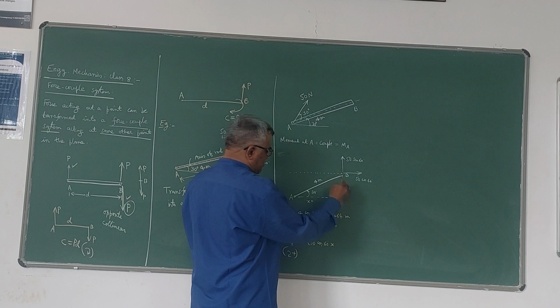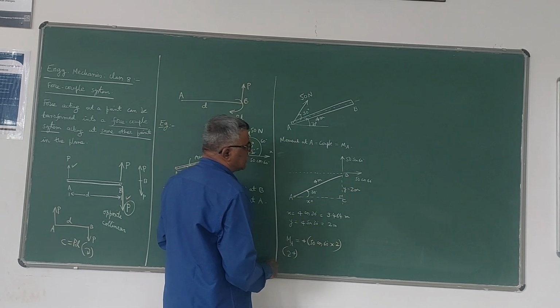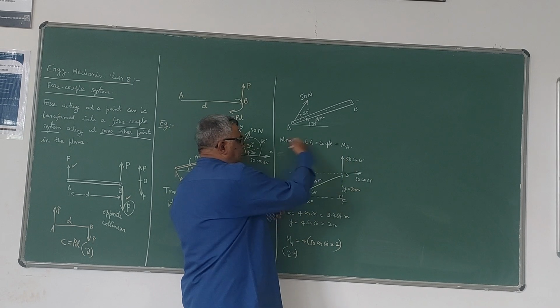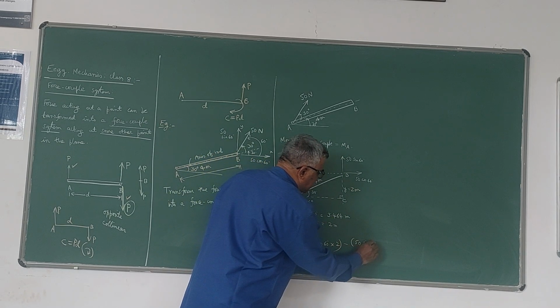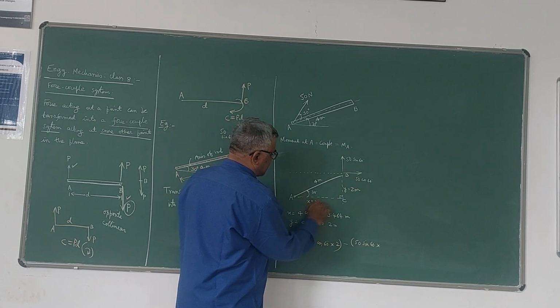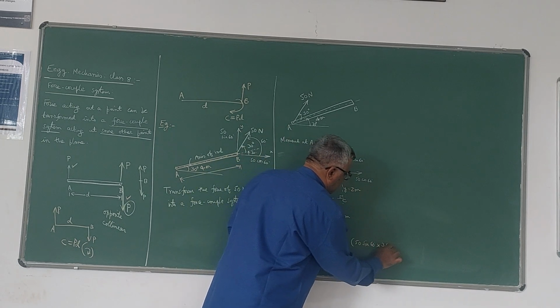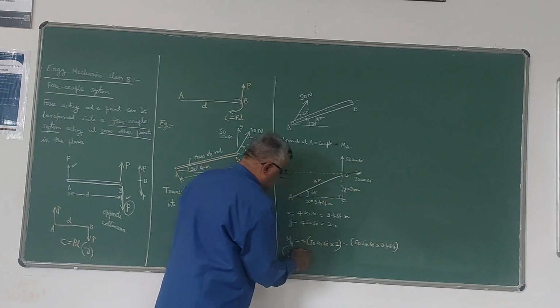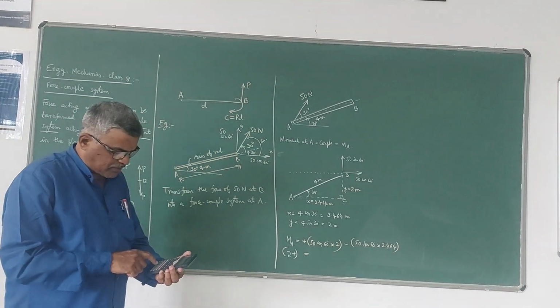So y is 2 meters here, into 2. Then moment due to this will be anti-clockwise about A, minus 50 sin 60 into x. Distance is x. X is 3.464 meter. So this is the value of the moment at A due to both the forces.